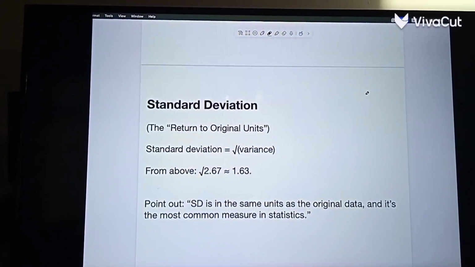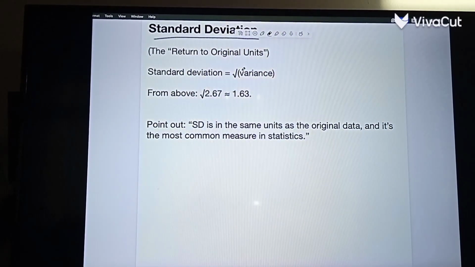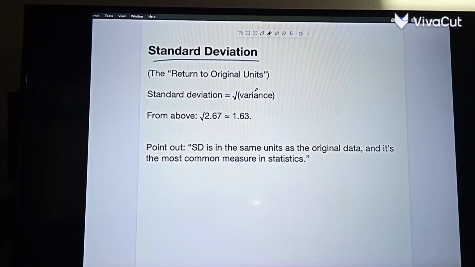So we need to introduce the idea of standard deviation. Standard deviation will help us return to the original units, that is by taking the square root of the variance.